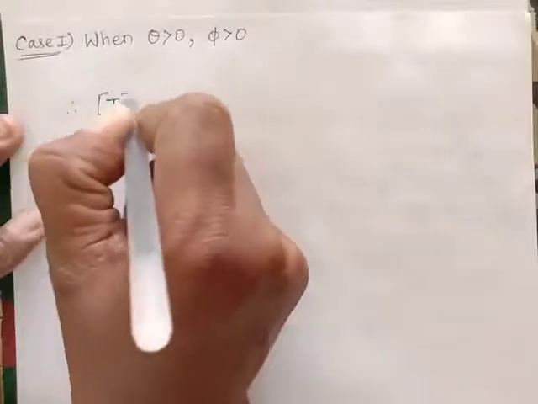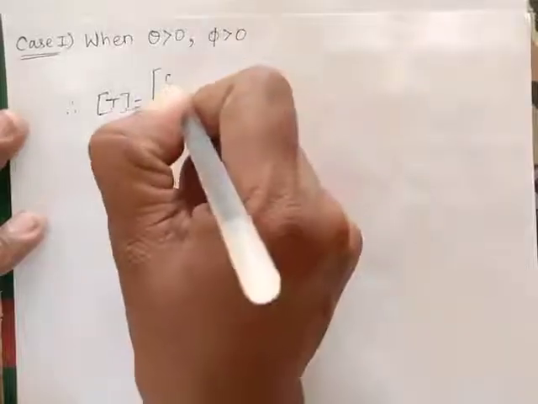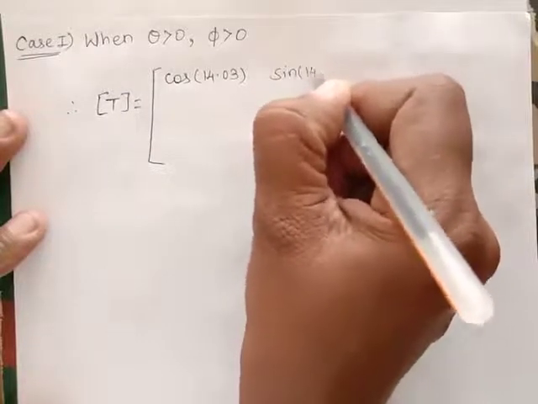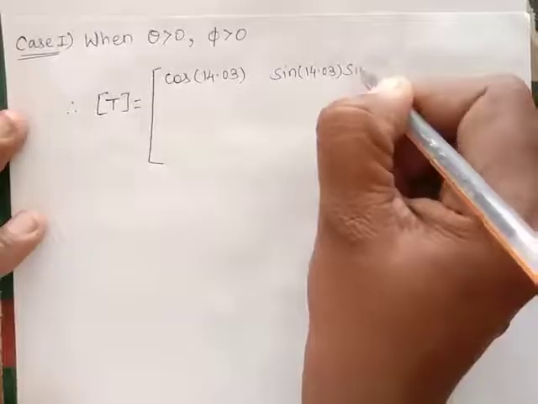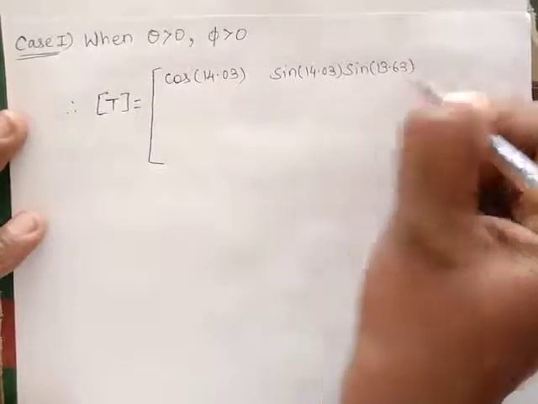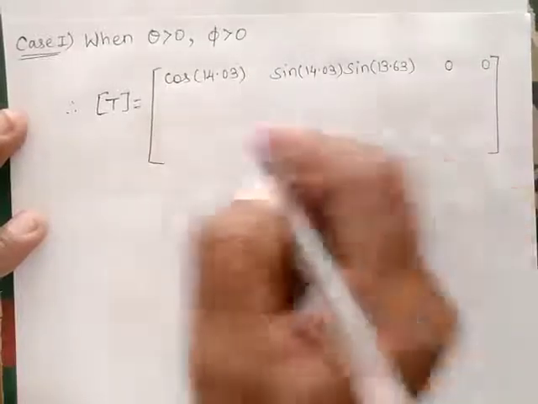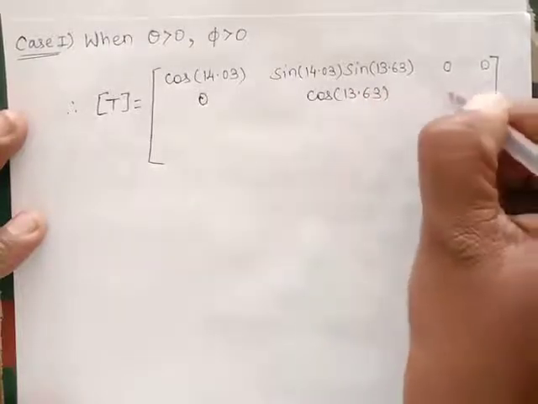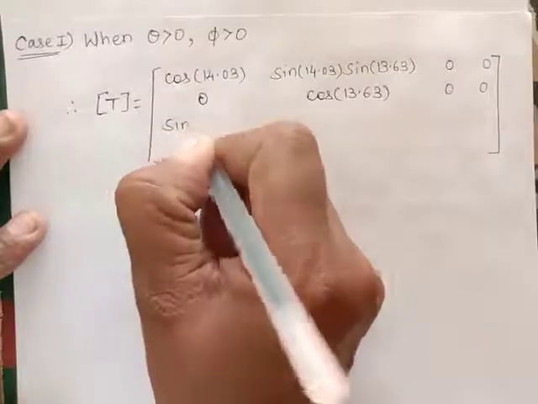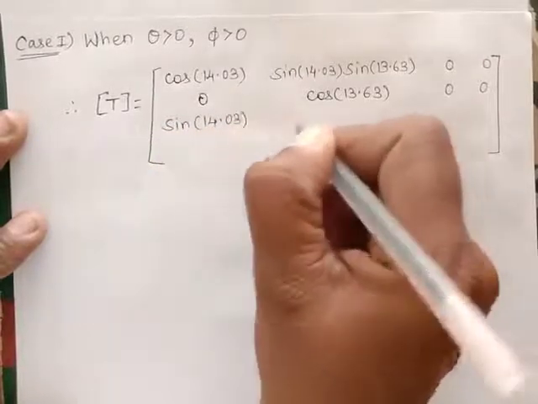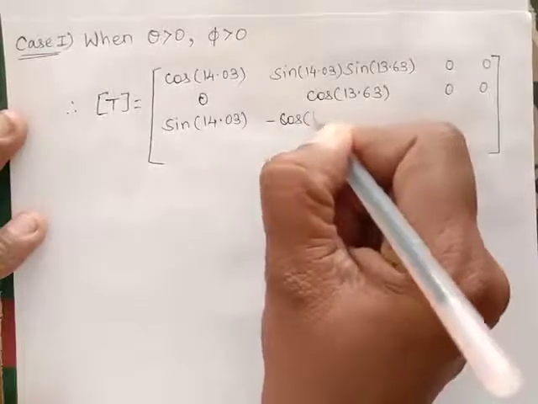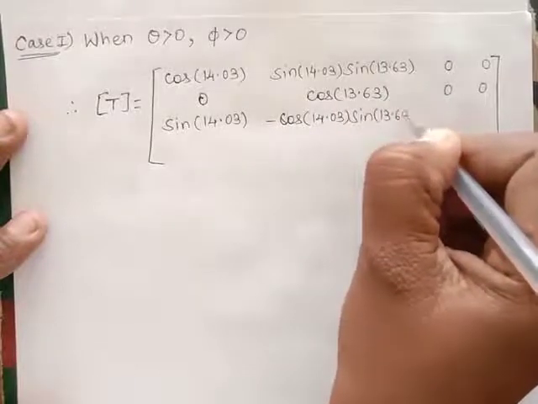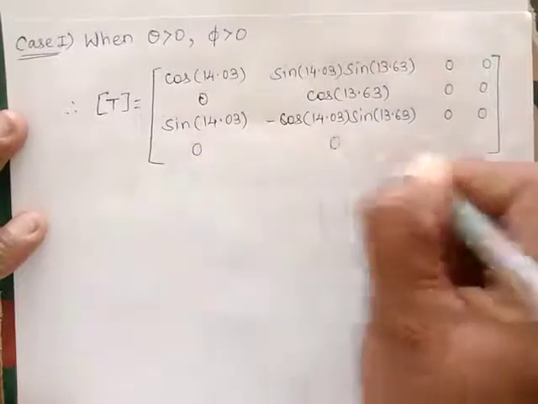Therefore, T equals cos of 14.03, sin of 14.03 into sin of 13.63, 0, 0, 0, cos of 13.63, 0, 0, sin of 14.03, minus cos of 14.03 into sin of 13.63, 0, 0, 0, 0, 0, 1.